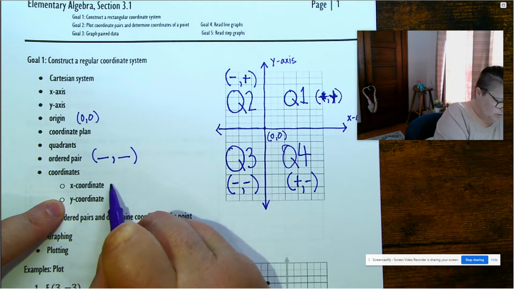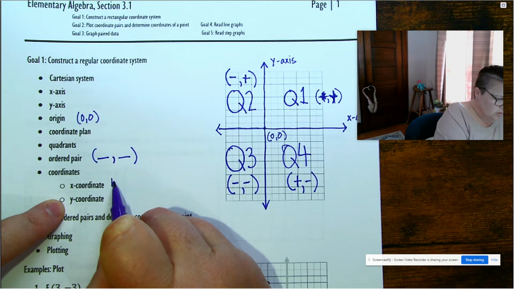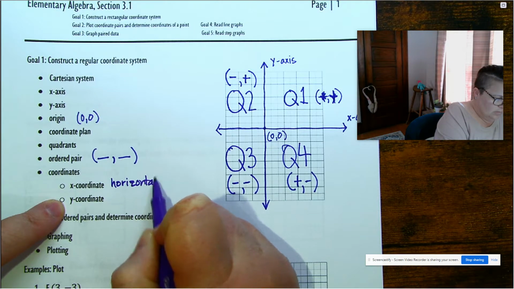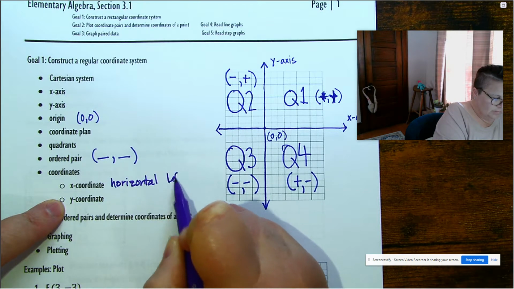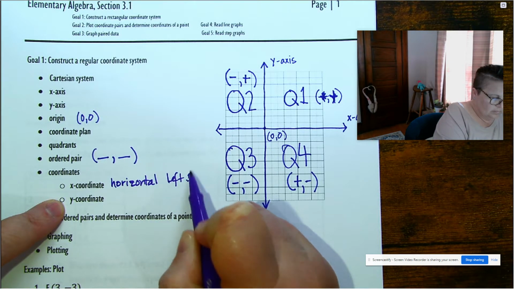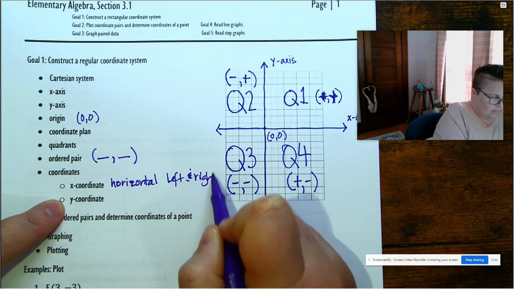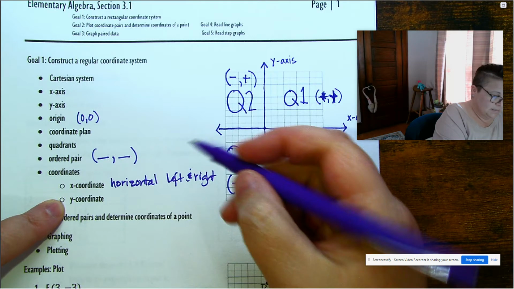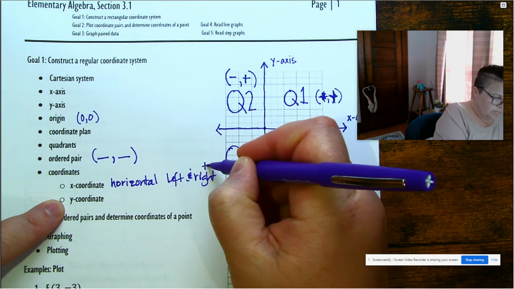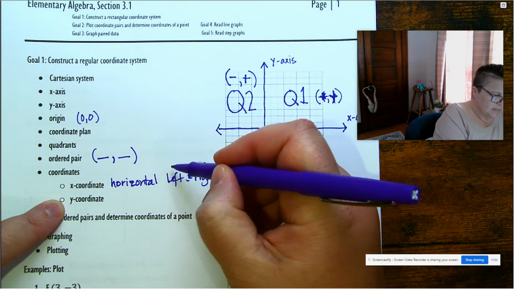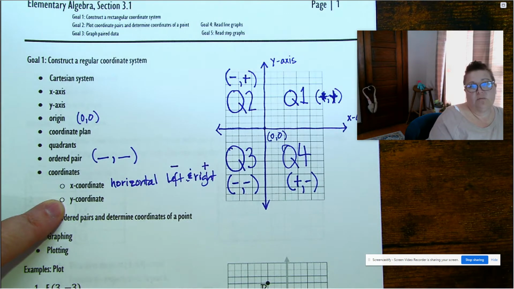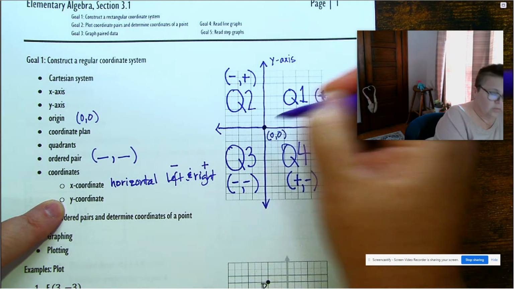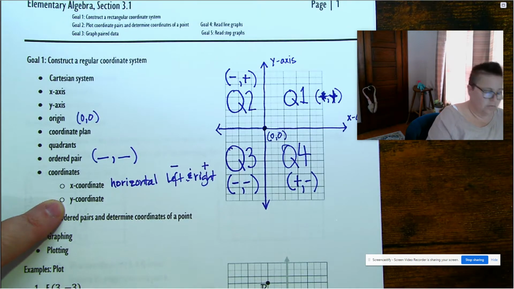The x coordinate covers your horizontal movement, left and right. In this case, if you are moving to the right, that x coordinate will be positive, and if you are moving to the left, that x coordinate will be negative. All of this in relationship to that origin or intersection point of 0, 0.